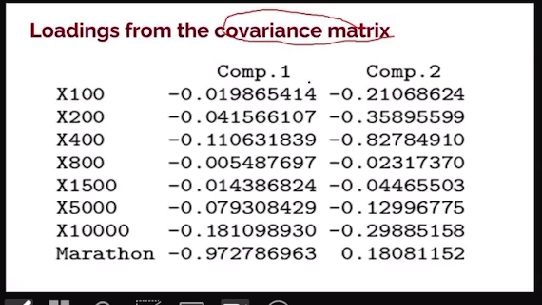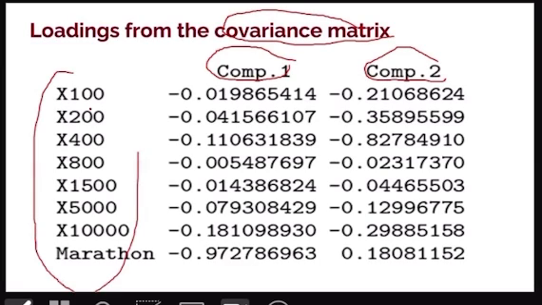Now I need you to pay attention. This has selected two principal components. Because I told you the other time, the number of principal components we want to arrive at should be less than the number of features. You remember I said when we have P number of features, we want K number of principal components in such a way that K is less than P. Does that make sense?